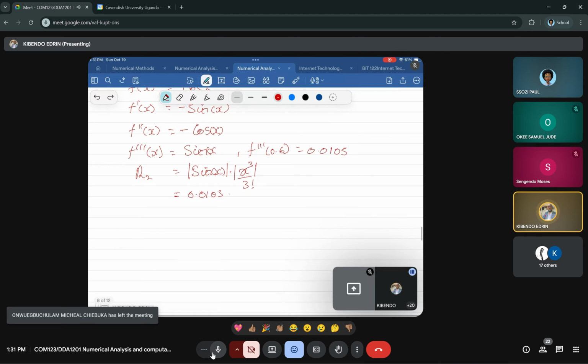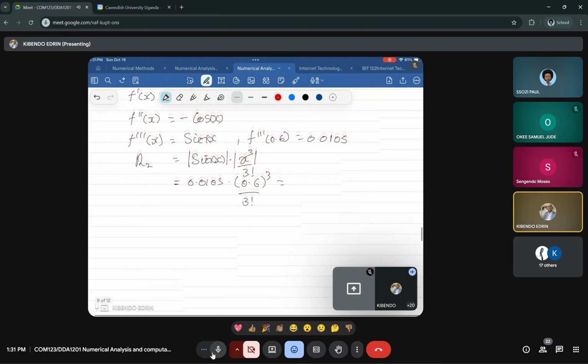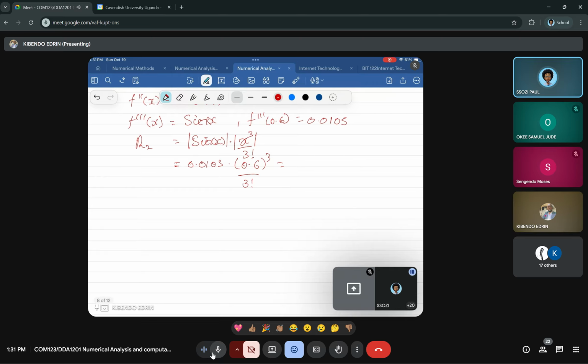Okay, so we have x to power 3. We are taking the upper bound, which now becomes 0.6 power 3 over 3 factorial. Give me the answer, the entire thing.